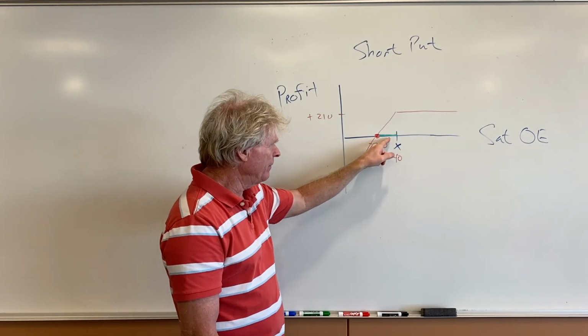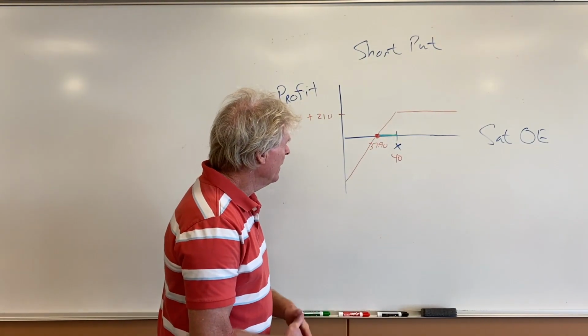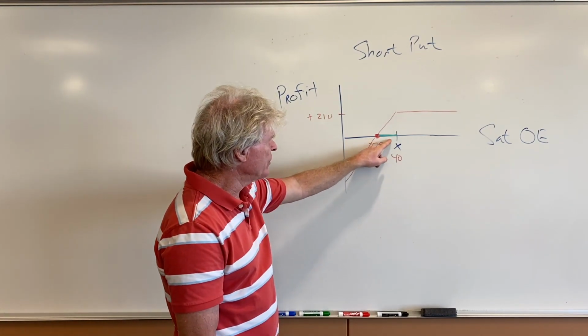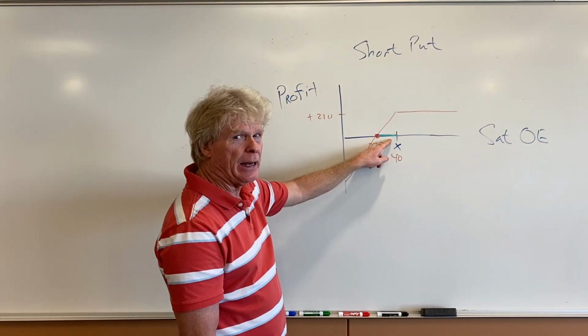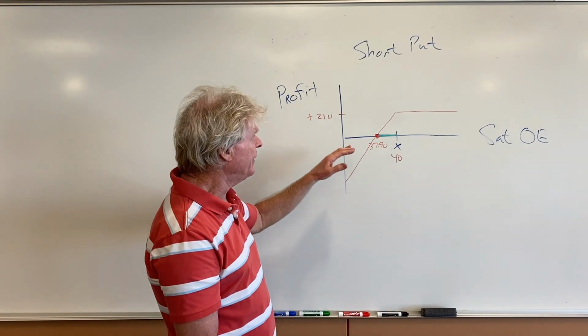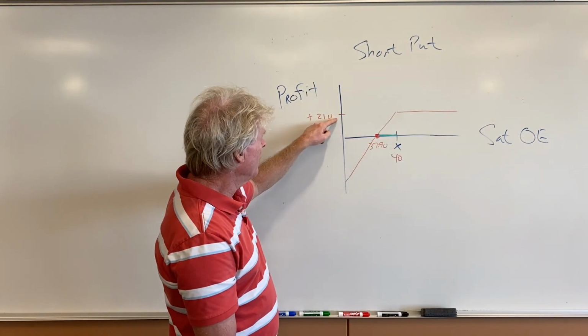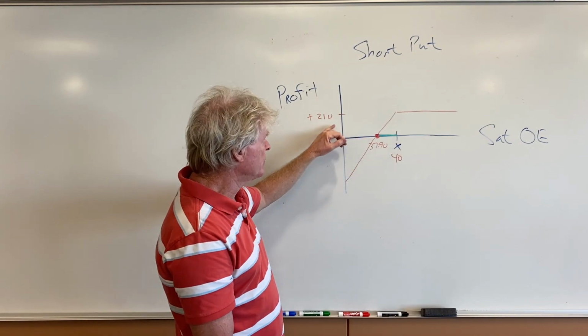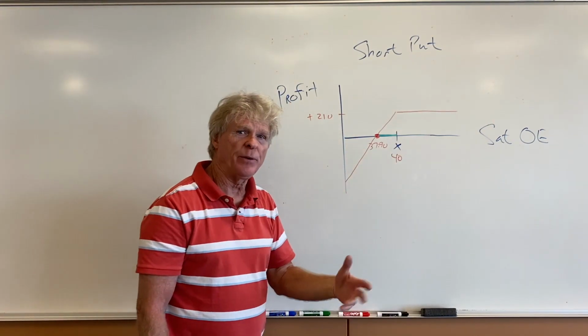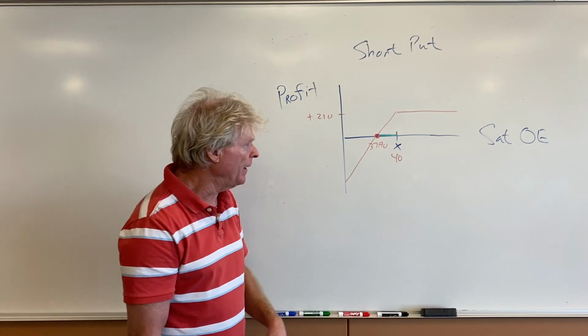That's why I indicate that in green. And so these are stock prices where the put expires in the money, and even though we wrote the put, we still profit because our proceeds from writing the put exceed the price we have to pay to buy to close the put.